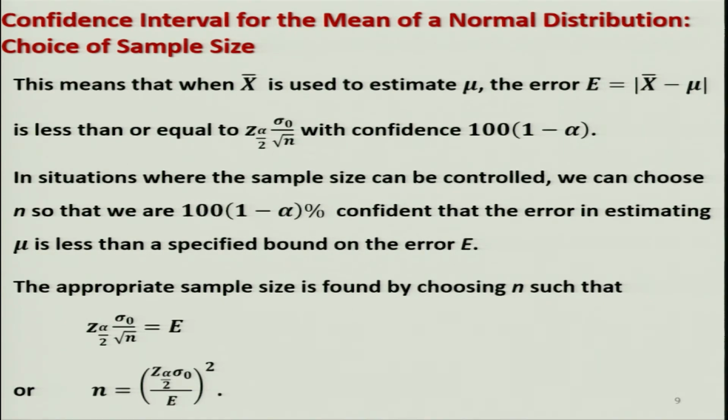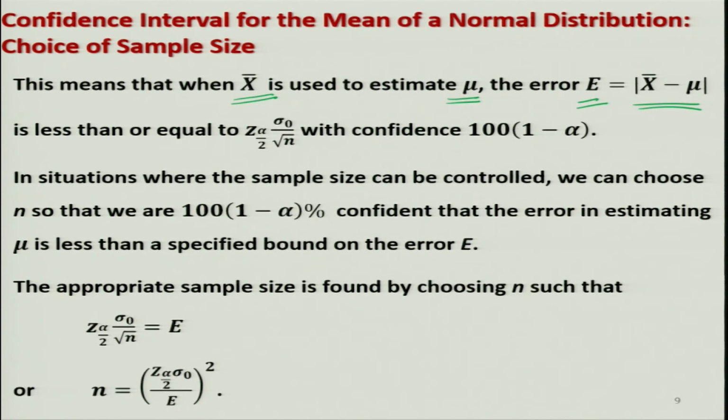Here, we are essentially using x bar to estimate the unknown parameter mu. The error is that some values are lower than mu and some values are higher than mu. So, I can write this deviation or error as capital V, which is the absolute value of the deviation between x bar and mu.